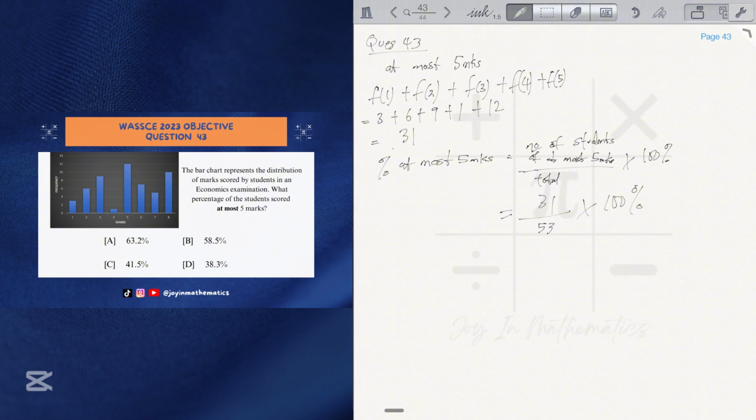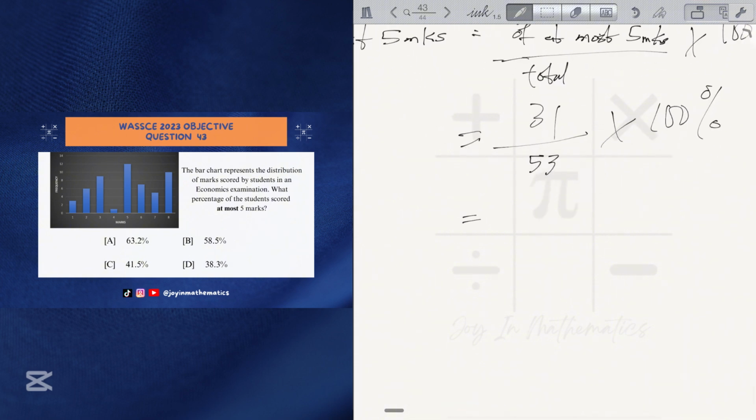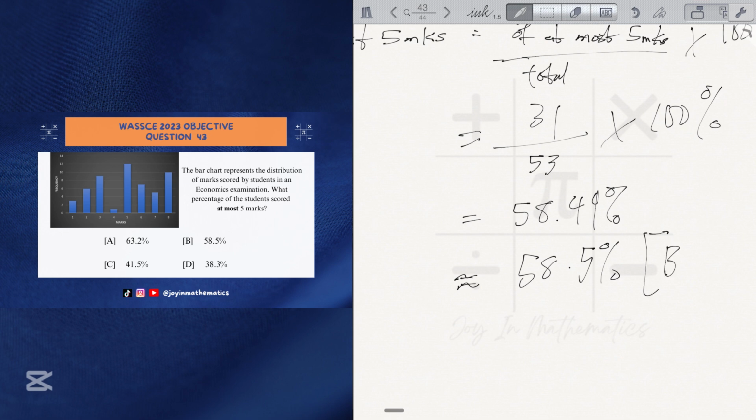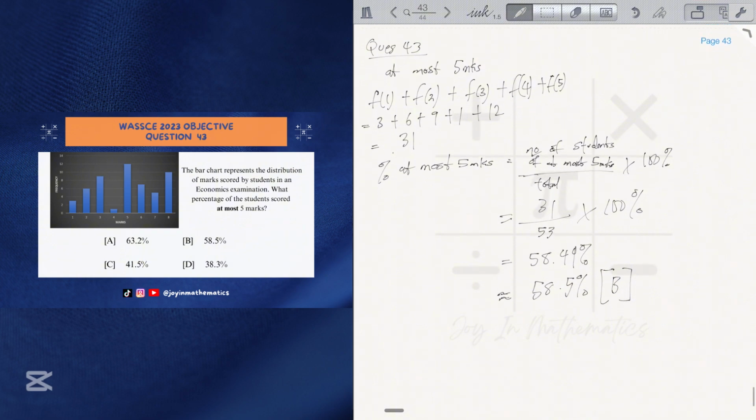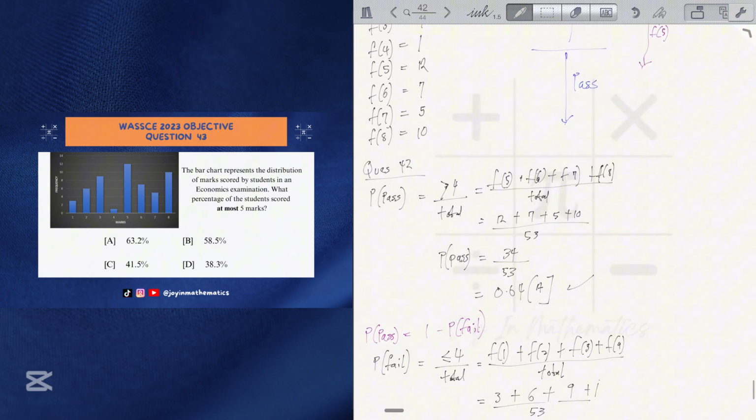Using our calculator, we arrive at 58.49%. The options given are to one decimal place, so when we approximate this, we have 58.5%, which is option B. So we have solved question 43, and we also started from question 42.